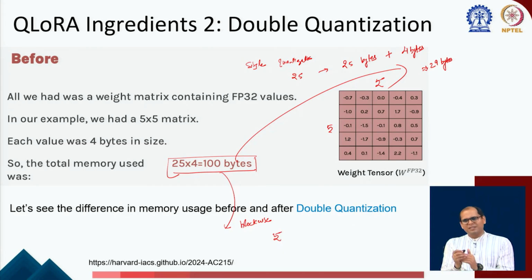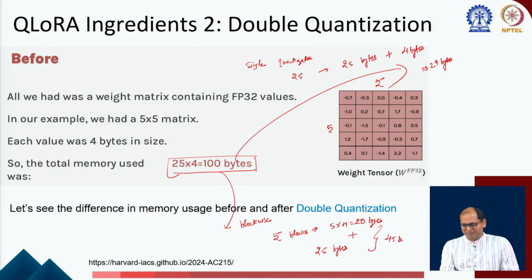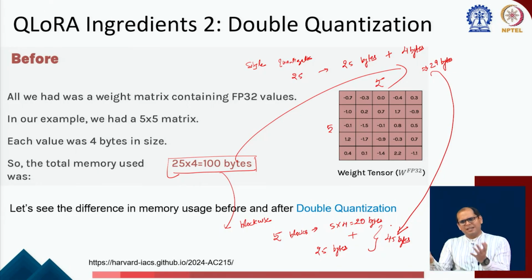I am still storing the entries as 1 byte, so I still have 25, but I have 5 blocks, so I have 5 constants, which I am storing in 4 bytes each, so 20 bytes for these constants. So 25 bytes plus 20 bytes, you have 45 bytes. So you see, you have gone from 29 to 45 bytes to ensure that the outlier does not impact the entire data.